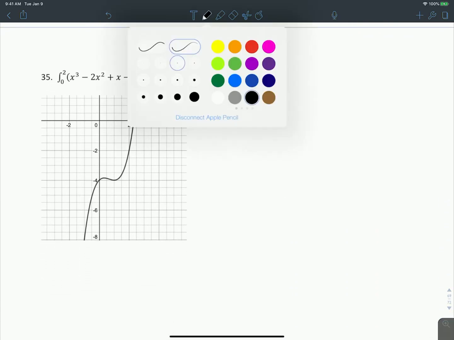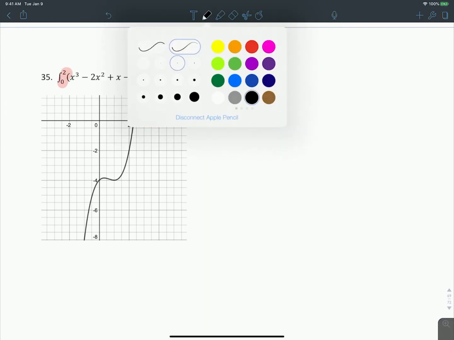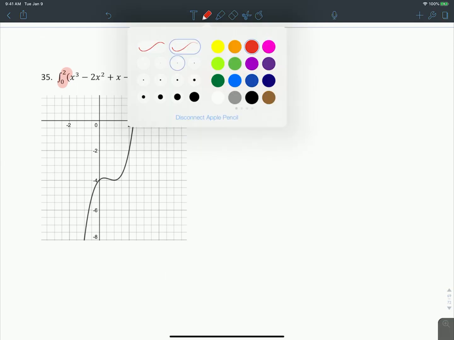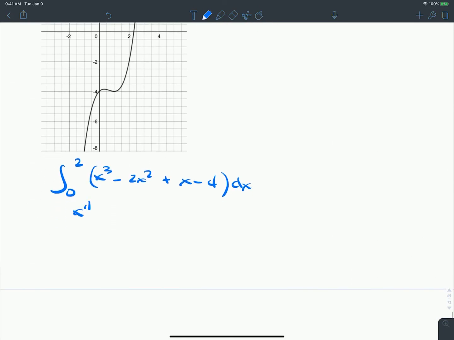Number 35. 0 to 2. Let's compute this. This is x to the 4th over 4 minus 2x cubed over 3 plus x squared over 2 minus 4x.